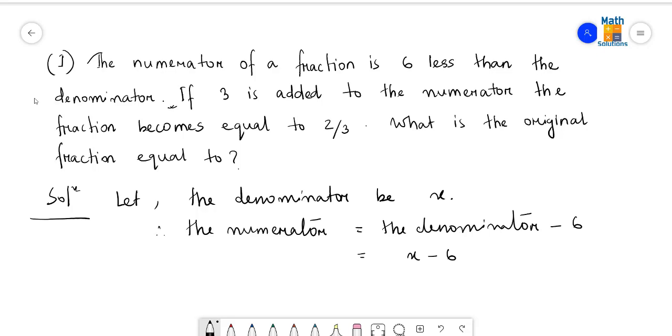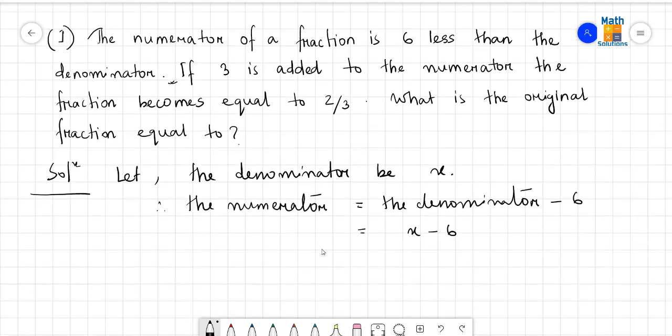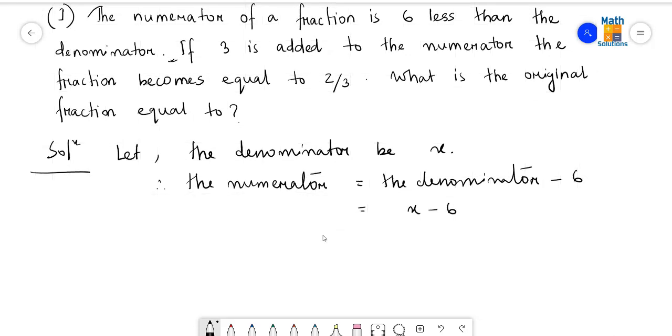Before the condition, we need to write what the fraction is. Hence the fraction is equal to x minus 6 divided by x.